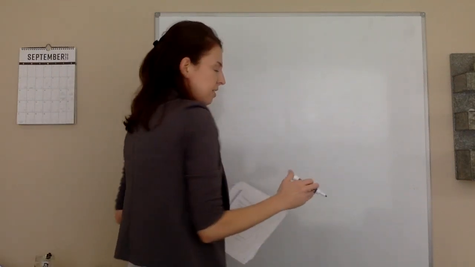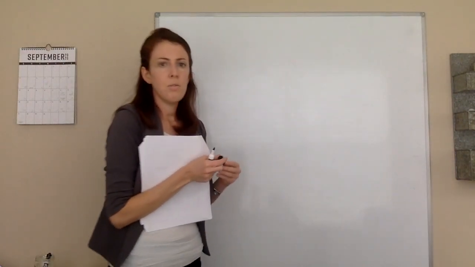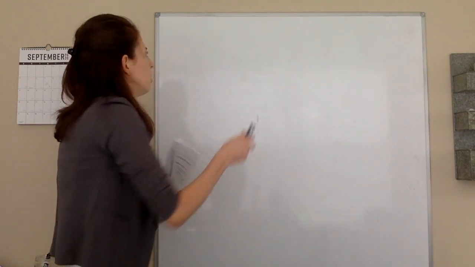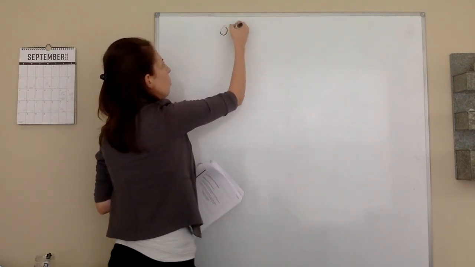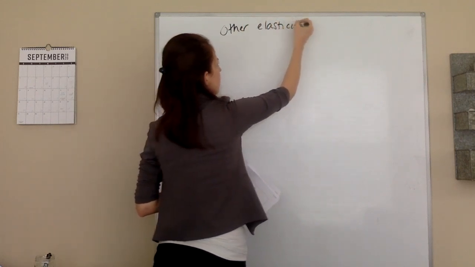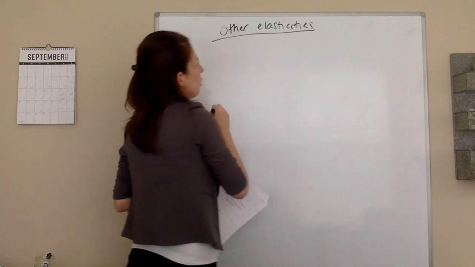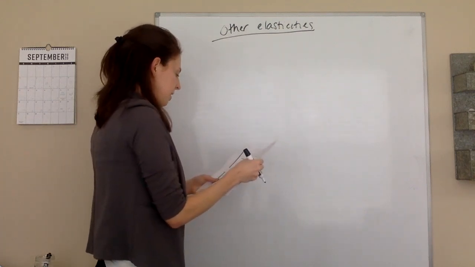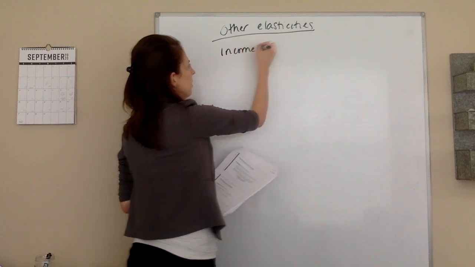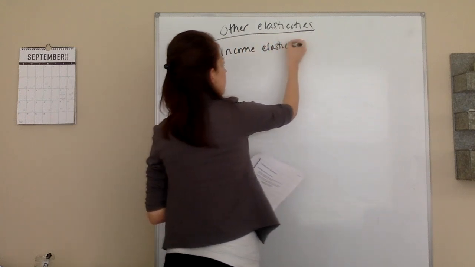Again, elasticities are just a measure of how responsive either quantity supplied or quantity demanded is to a change in something. So other elasticities exist. Another elasticity we're going to think about is the income elasticity of demand.